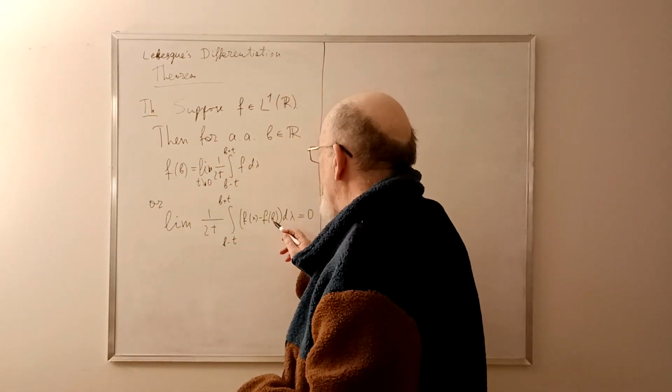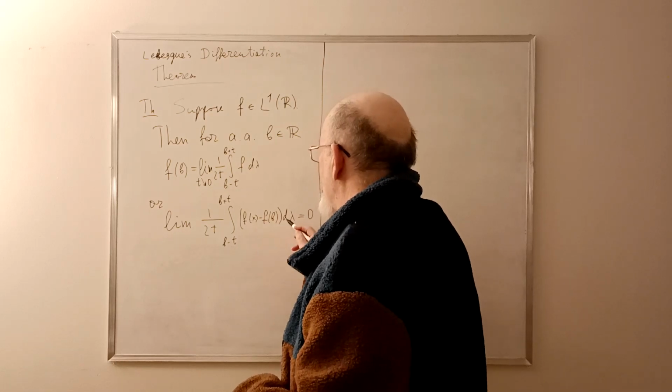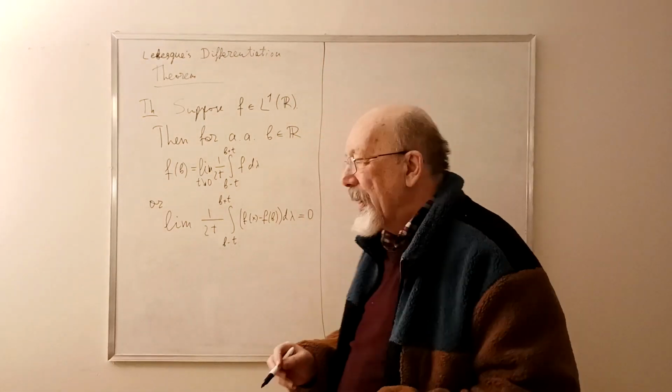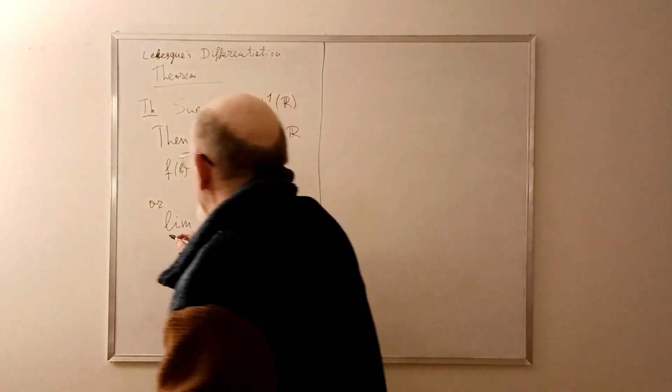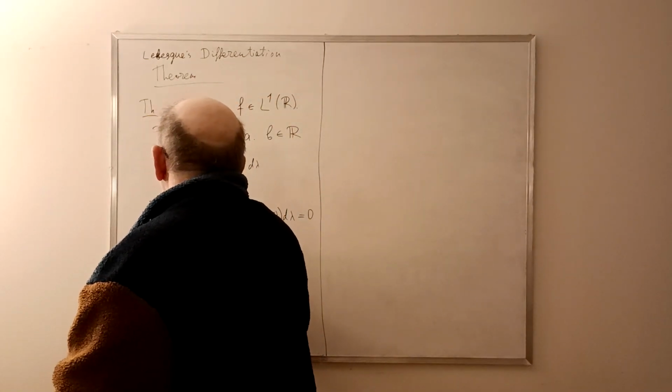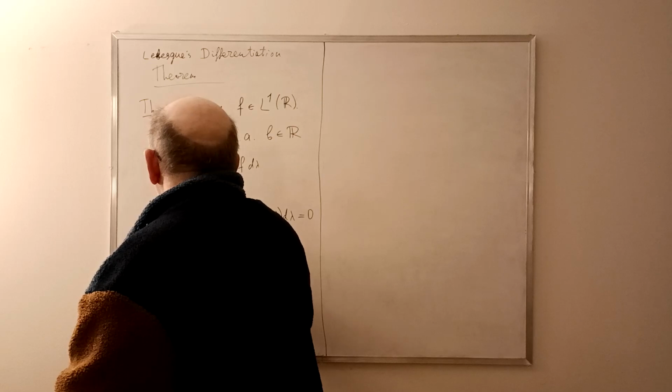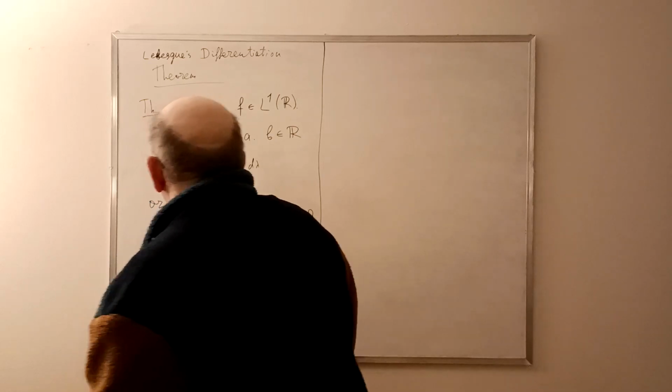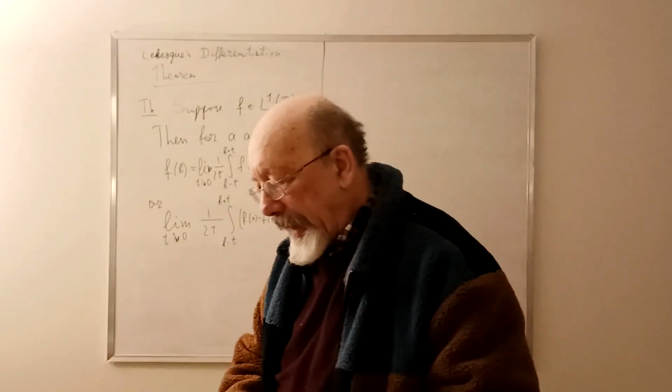So b is constant, x is variable, lambda is Lebesgue measure. So limit when t goes to 0.